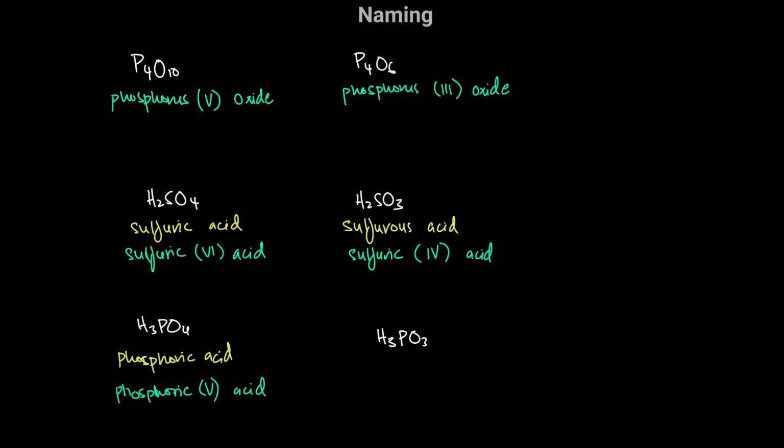The name for this acid is phosphorous acid. It may also be referred to as phosphoric 3 acid, because the oxidation number of phosphorus here is +3. So if we just say phosphoric acid, we're talking about phosphoric 5 acid. And when we talk about phosphoric 3 acid, we're talking about phosphorous acid.